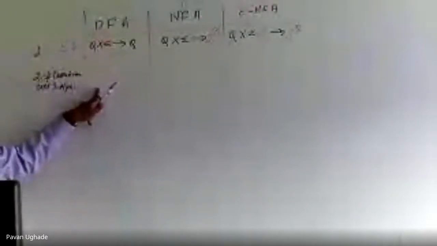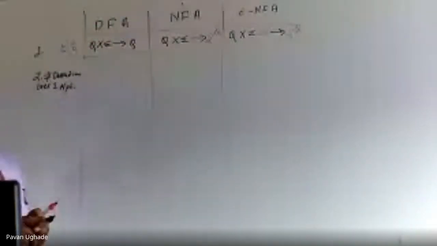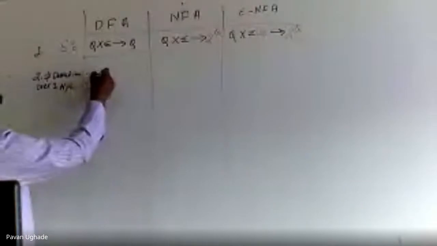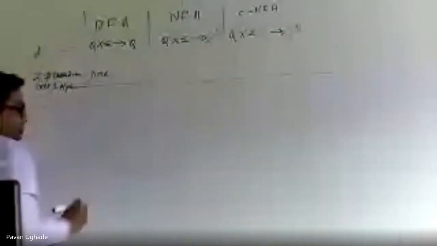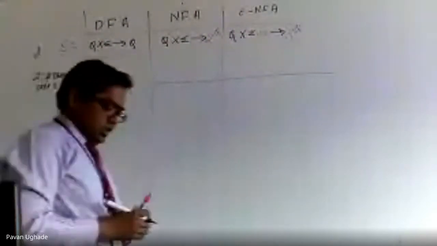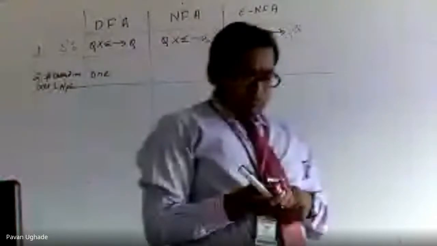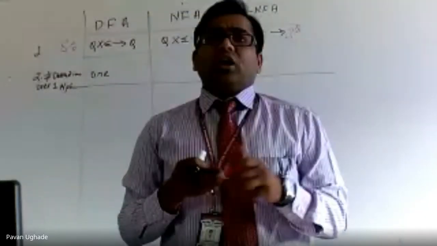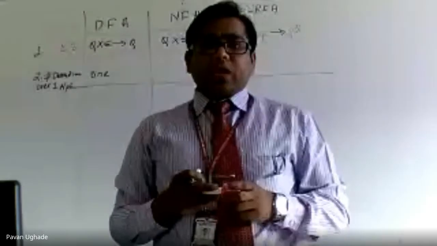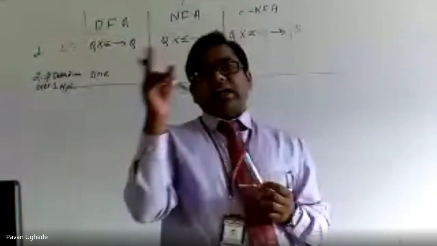Now, how many transitions over one alphabet does a DFA have? It is only one transition over one alphabet. We have also seen the case of phi, where you said, sir, it should have a transition. That can be handled by a dead state.